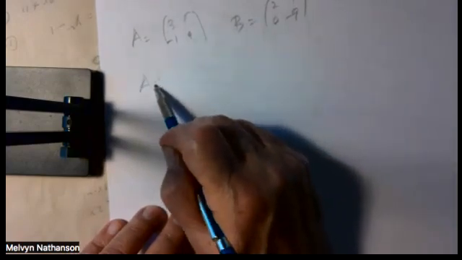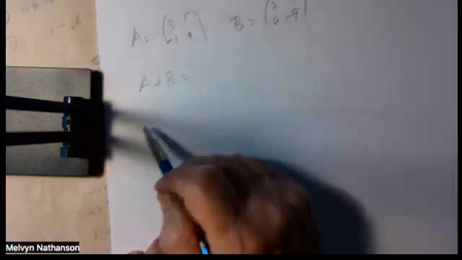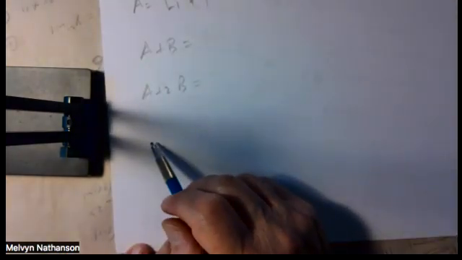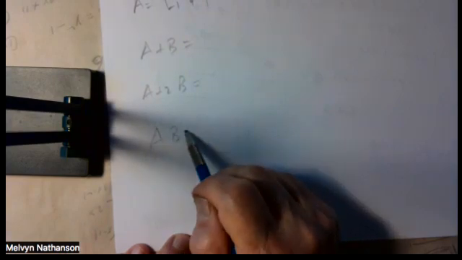Calculate A plus B, A plus 2B, A times B, and B times A. Just do the arithmetic.